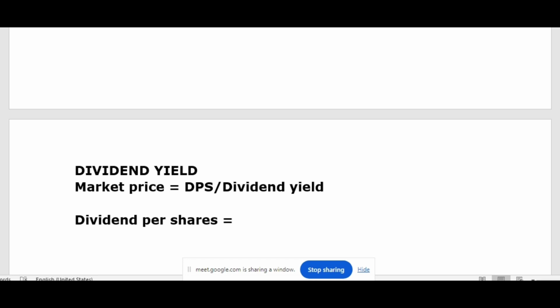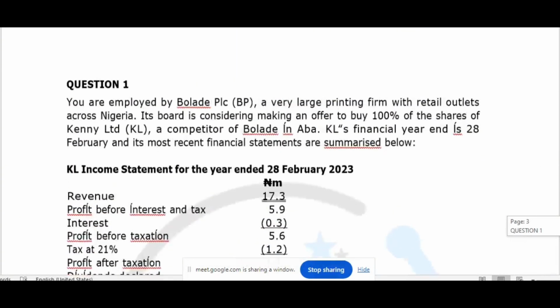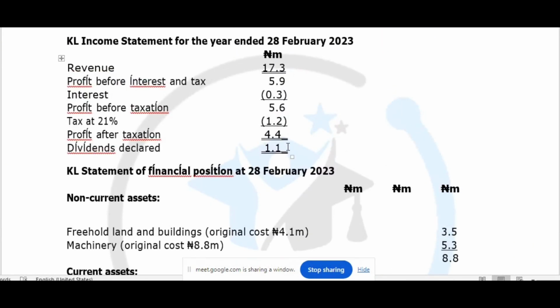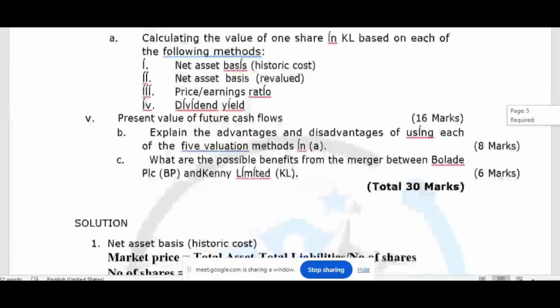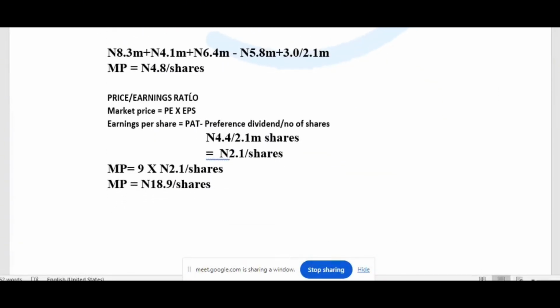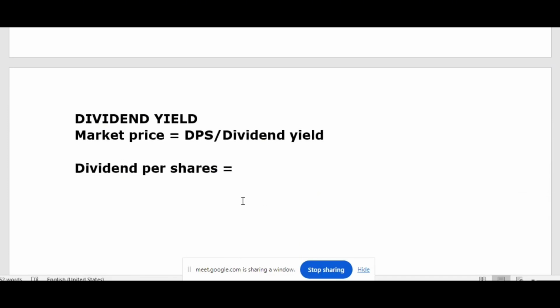Now let's go back to the income statement. We see dividend declared is 1.1. So we do 1.1 million divided by the number of shares, which is 2.1 million shares.